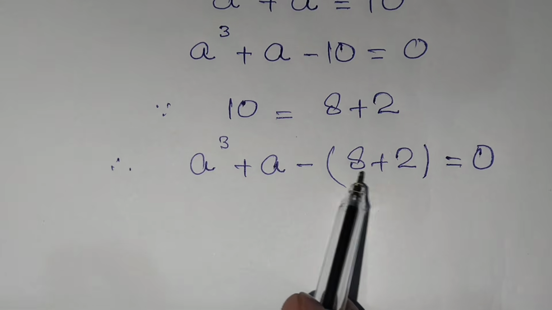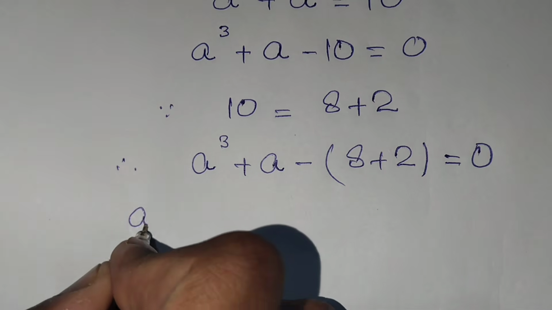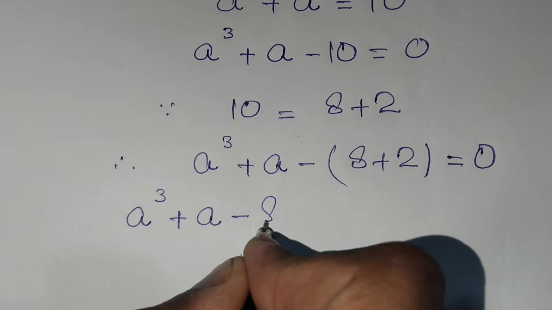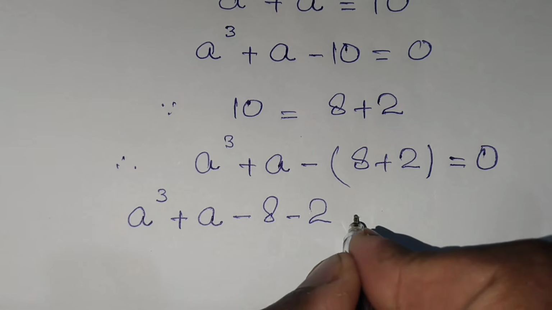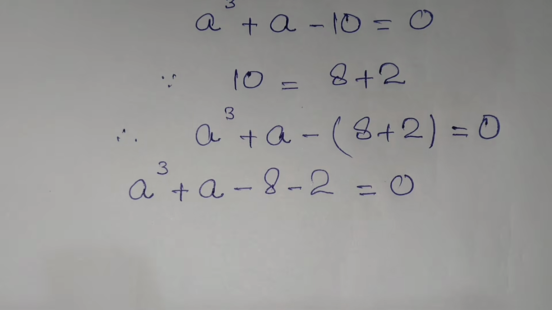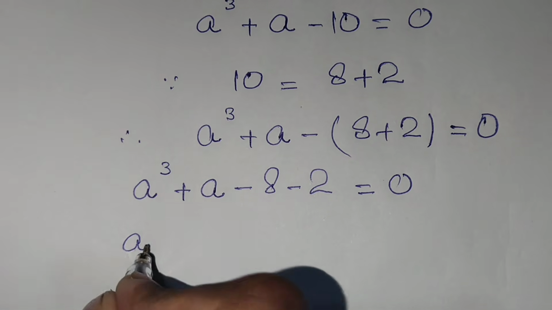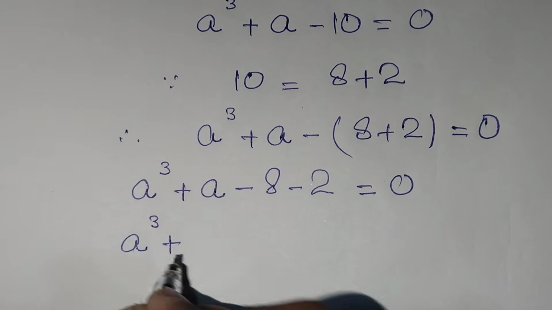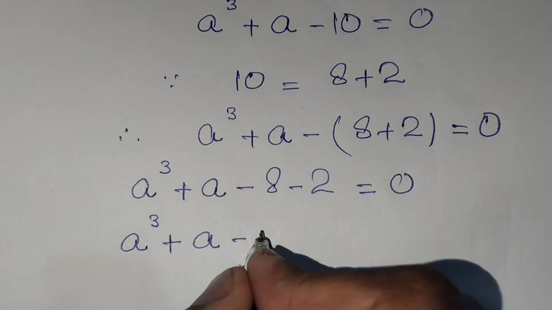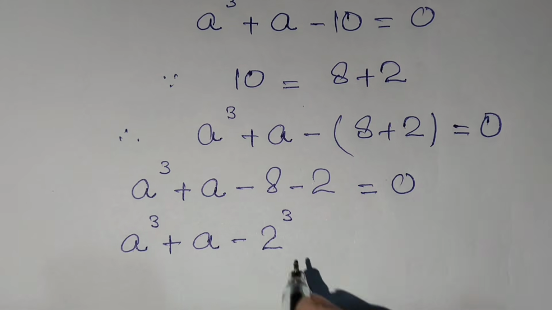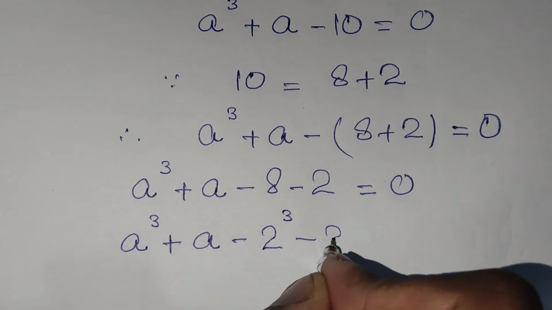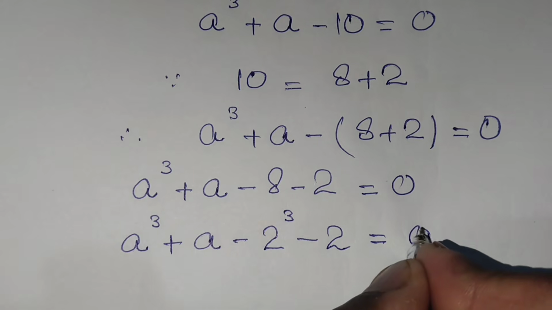Multiplying the negative sign inside the bracket, a cube plus a minus 8 minus 2 is equal to 0. Moreover, we write this equation as a cube plus a minus 2 cube, because 2 into 2 is 4 and 4 into 2 is 8, minus 2 as it is equal to 0.